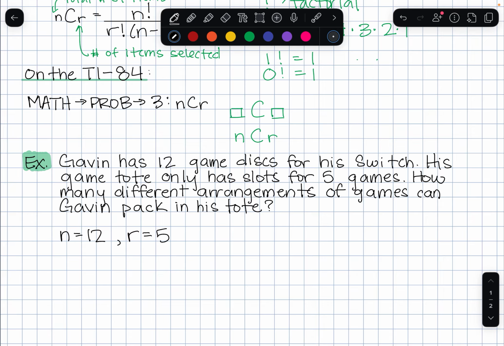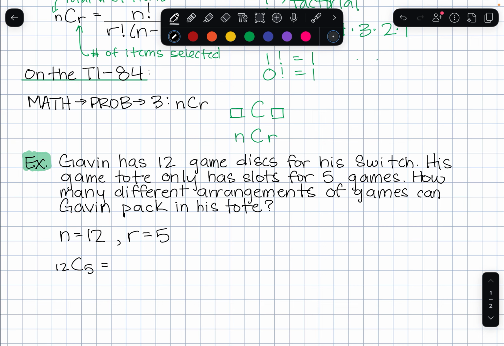And I know that it doesn't matter the order I select them, because as long as the 5 end up in my tote, I don't care if I chose it first or last. So I know that this is a 12C5. This is a combination.